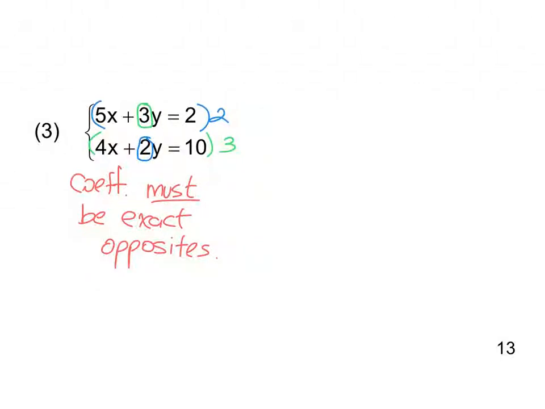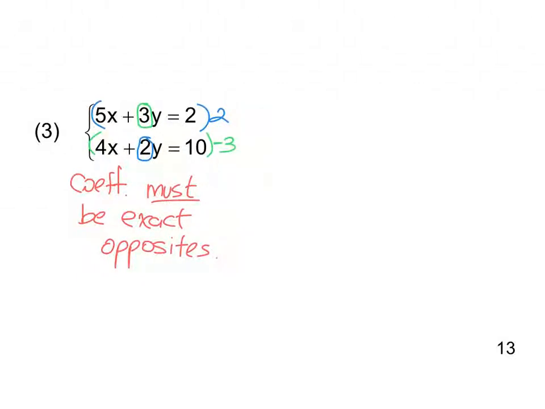It doesn't matter which one you make negative, the 2 or the 3, just make one of them negative. So I'll make the 3 negative. When you multiply by 2 or 3, one of them has to be negative. Now, it is possible that they're already opposites within the equation itself. If that's the case, you wouldn't have to multiply by anything.